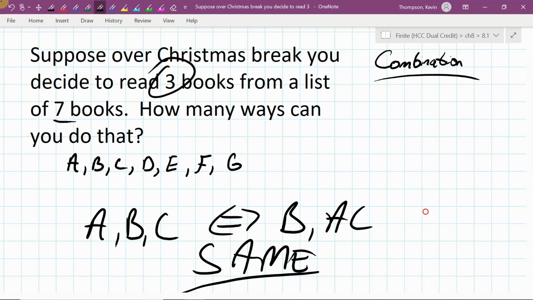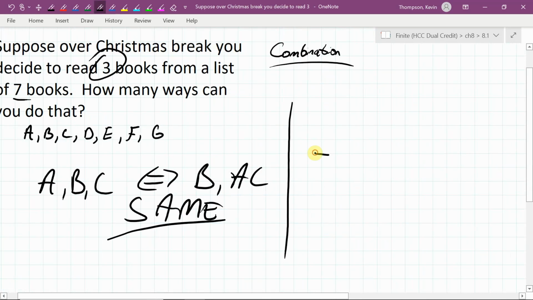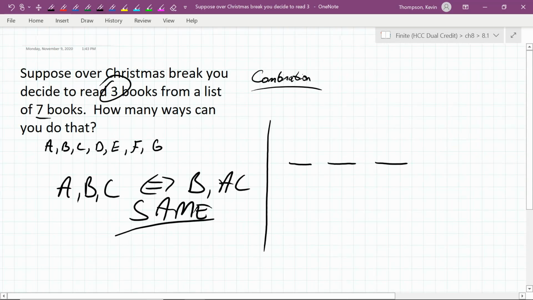Okay, so how about this? Here's one approach we have. If I would approach this problem with the 3 blanks like we were doing a second ago, how many books could you decide to read first? Not a trick question. It's 7. Okay, but now you've read one.